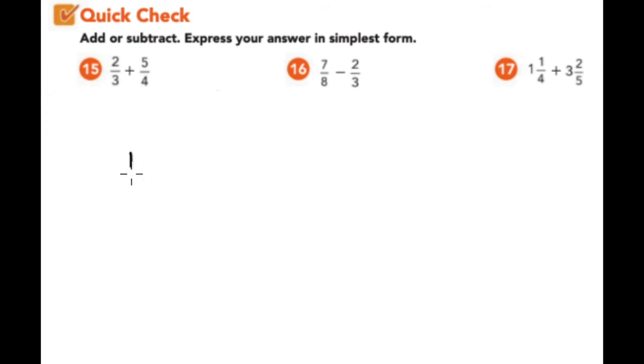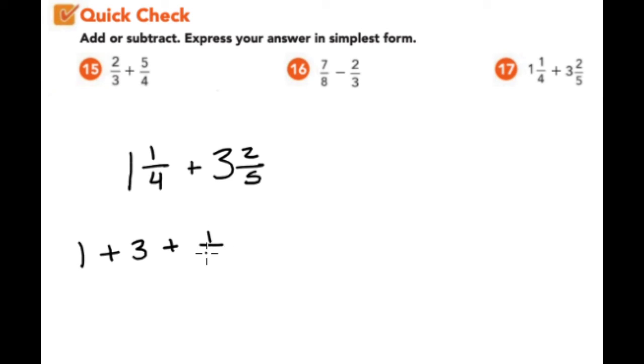The other method that we could use for mixed numbers, we could split up the numbers, and we could take 1 plus 3 plus 1/4 plus 2/5. And what we know right away, we know that 1 and 3 gives us 4. So we're left with 4, and then we want to add the 1/4 and 2/5 together.